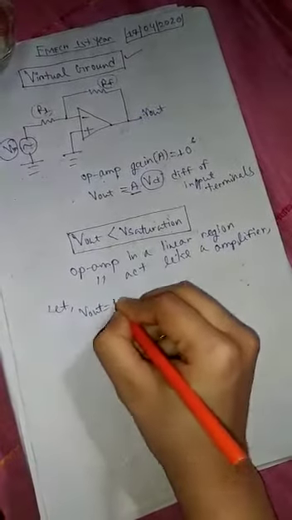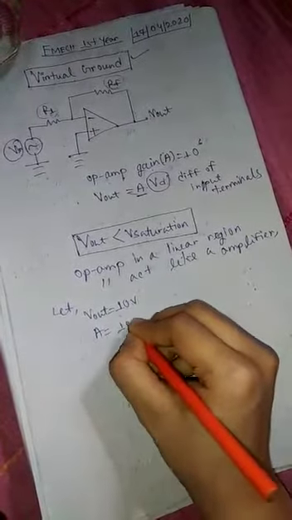So easily we can say, let V out be equal to 10 volt and A be equal to 10 to the power 6.